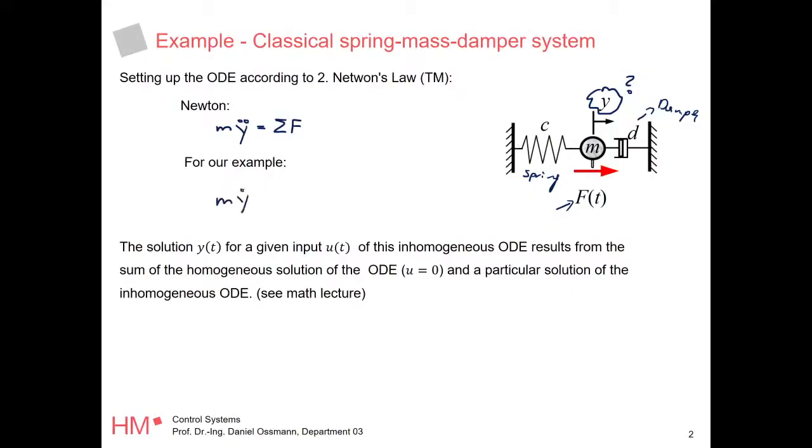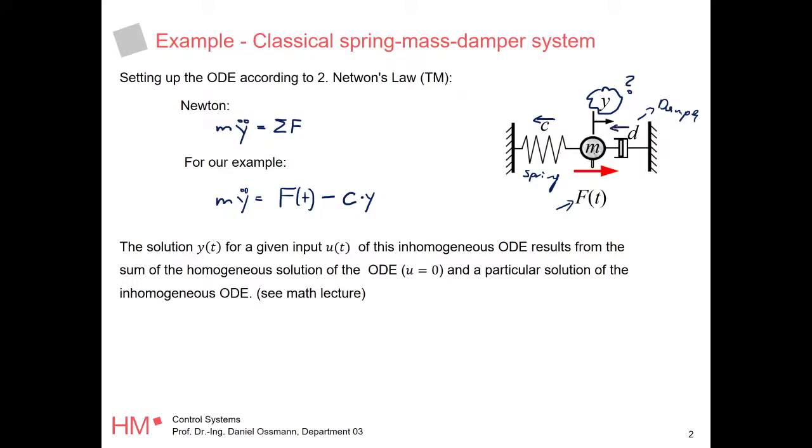For our example, the sum of all the forces means we have this external force, F(t), which is positive in this direction. And we have the spring force, right? If we move the mass to the right-hand side, our spring force will act against it. So we have minus C times, and you know the spring force always depends on the position, so we need to multiply this by y. We also have this damper, and it also acts against our movement.